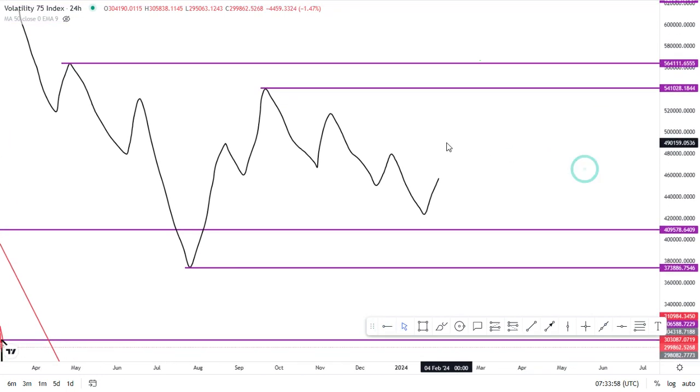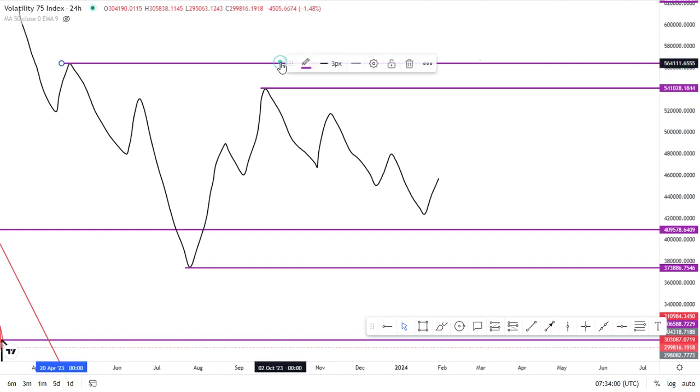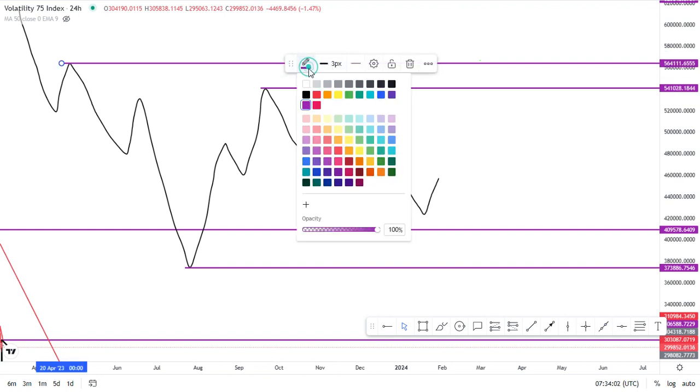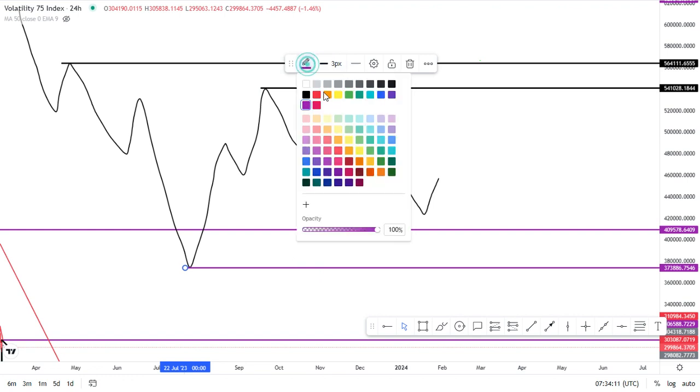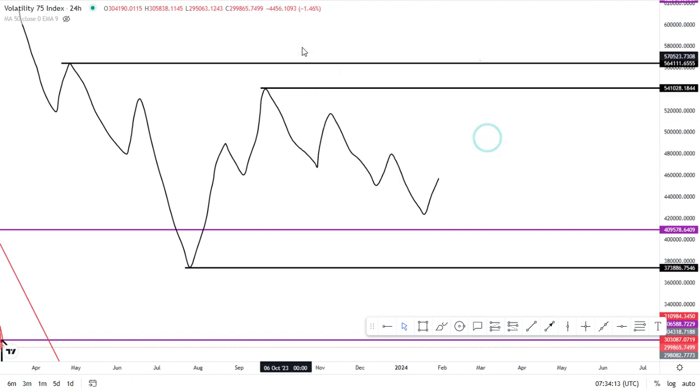All right, so these lines, maybe I should change the color so that you know the one I'm referring to. So these are the lines you are going to be paying attention to. These black lines are the levels you're expecting the price to hit.